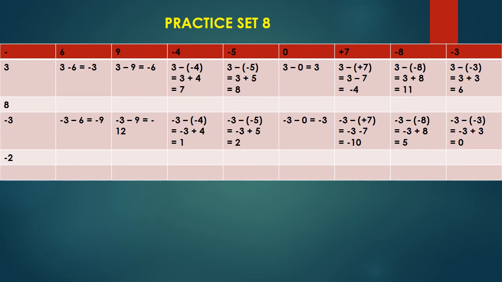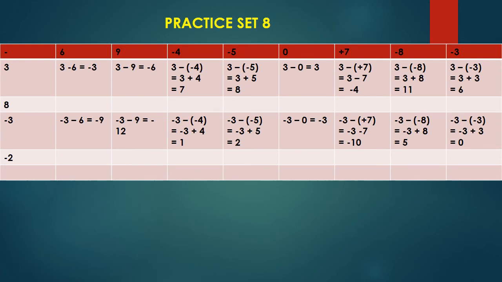So the answer will be minus 12. Minus 3 minus minus 4 means minus 3 plus 4 is equal to 1. Minus 3 minus minus 5 will become minus 3 plus 5. So 5 minus 3 is equal to 2, and it will have the larger integer's sign.